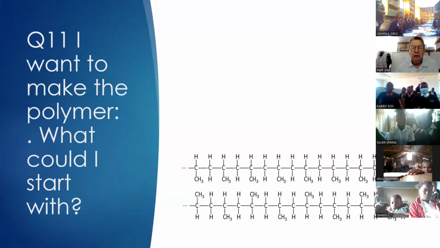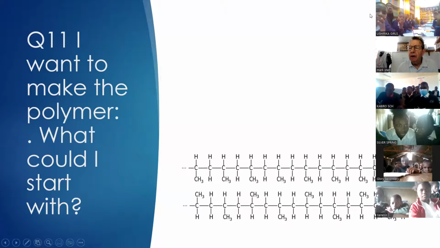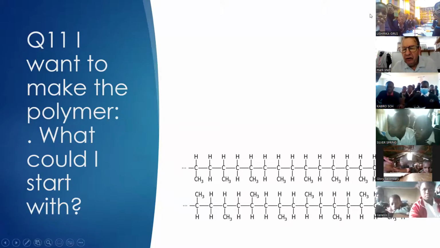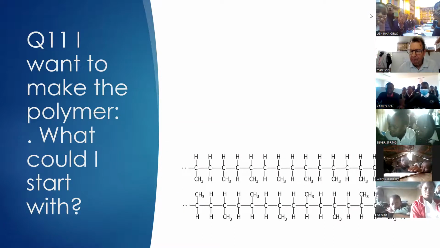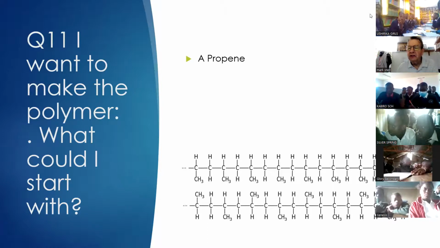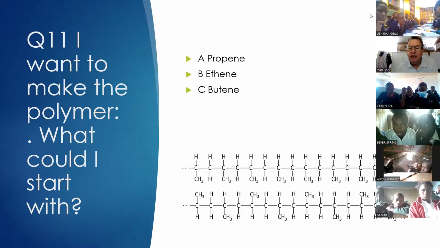Now, I want to make that polymer. Look at the polymer. Remember, it's 2 carbons in a line with the bits on the side. So what could I start with? I want to make that polymer. Is the answer propene, ethene, butene, or propanol?